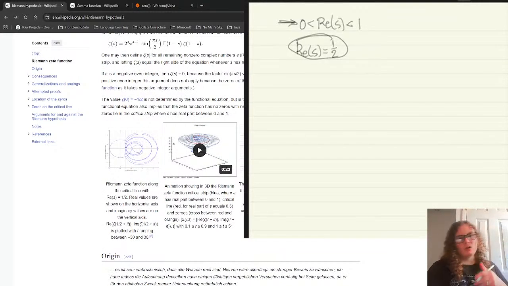Since we're so interested in the zeros of this function, why are we interested in the zeros? What do the zeros tell us?